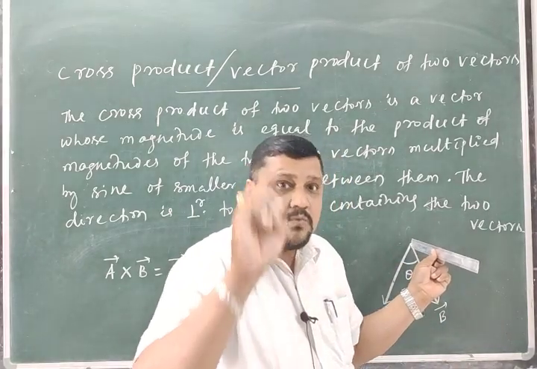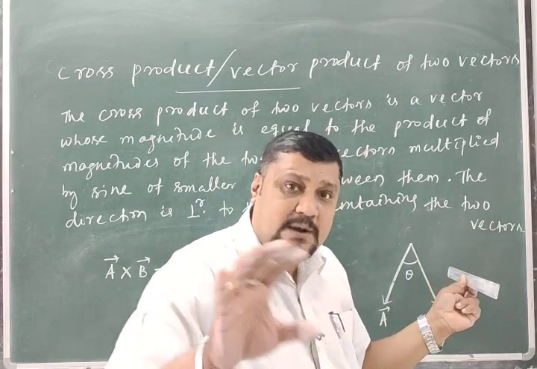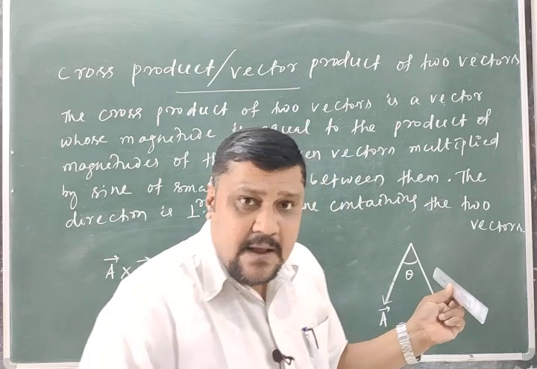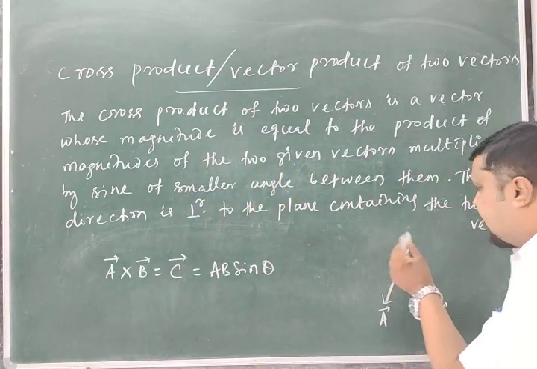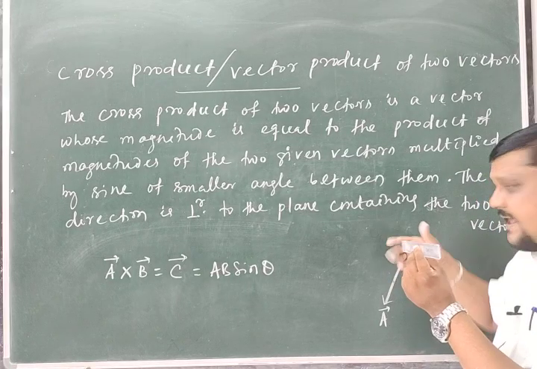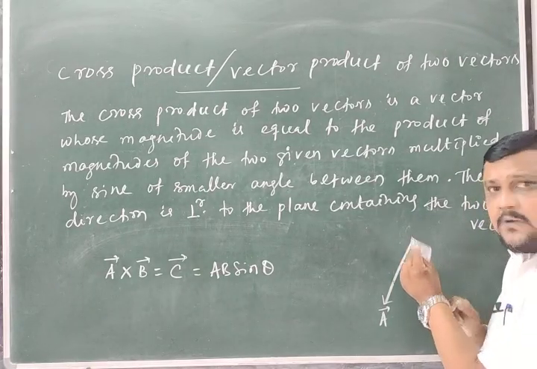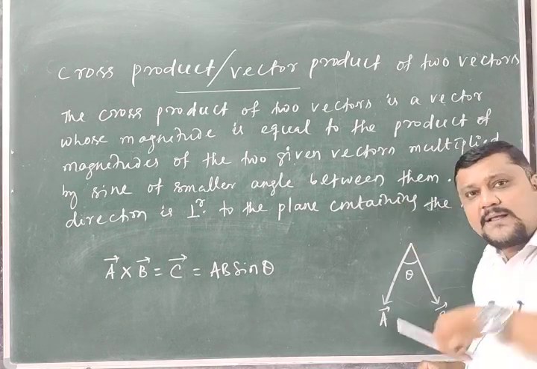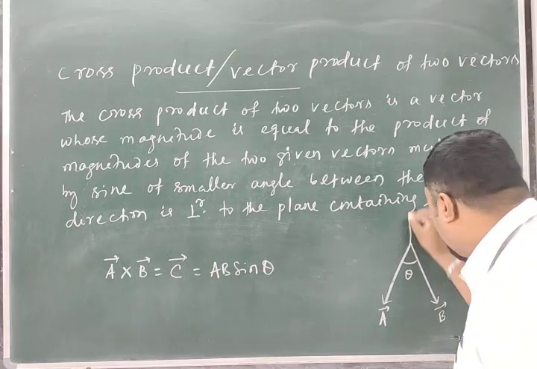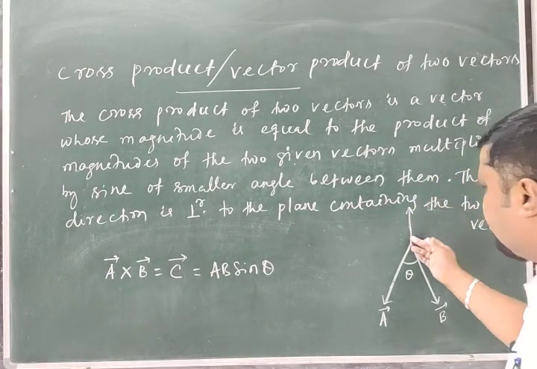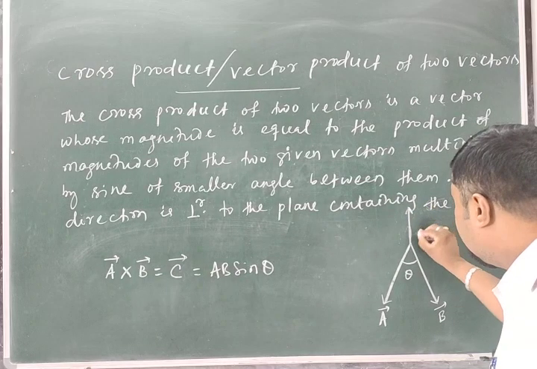Now there are two things that come up. If the direction is perpendicular to the plane containing the two vectors, and A and B are on this plane, one can say perpendicular upward, one can say perpendicular downward. This is also perpendicular. So the vector can be shown perpendicular upward. It is not on this plane. To show you, I have drawn this one. This is your C.